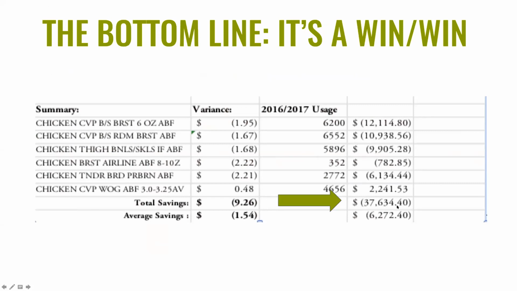We estimate that our forecasted savings was around $37,000. So from being able to look at what our volume was, being able to make commitments to our vendor, and being able to estimate our usage, we were able to come up with an opportunity to save some money that we were then able to reintegrate into the program.